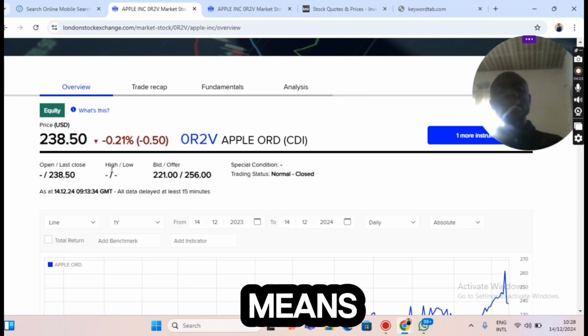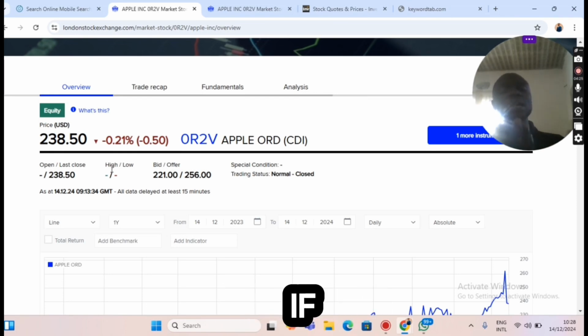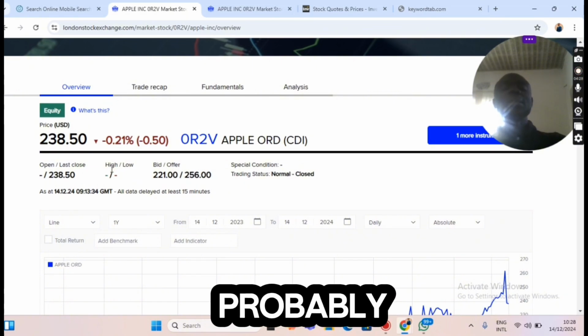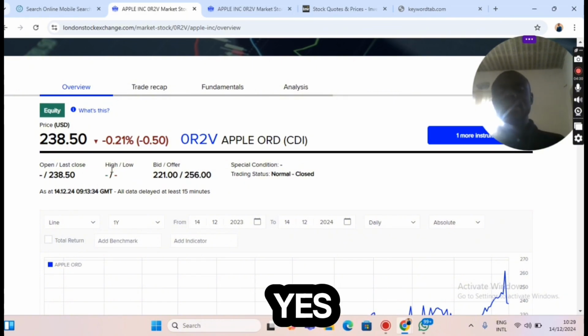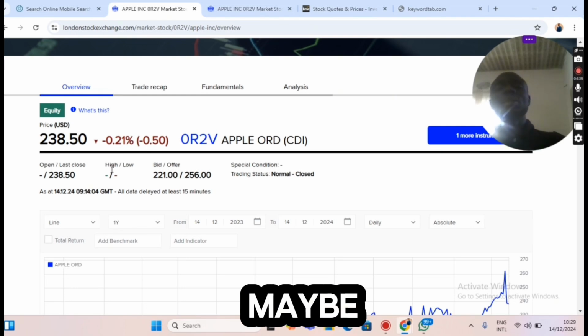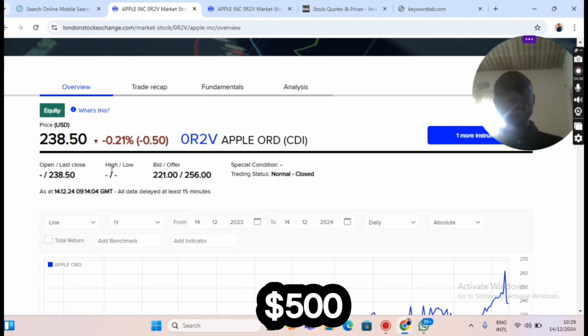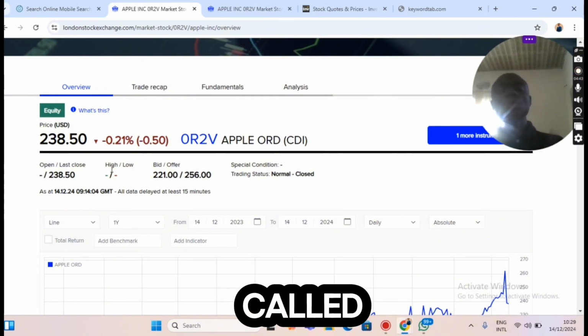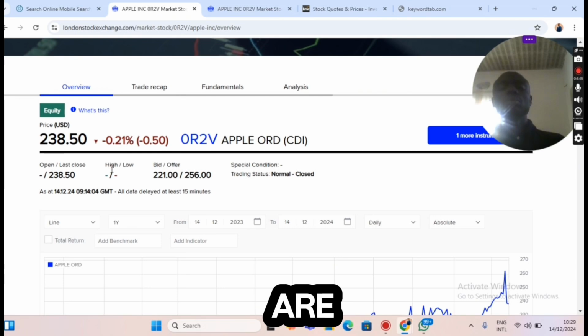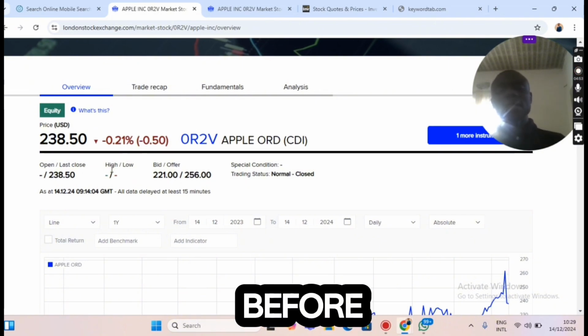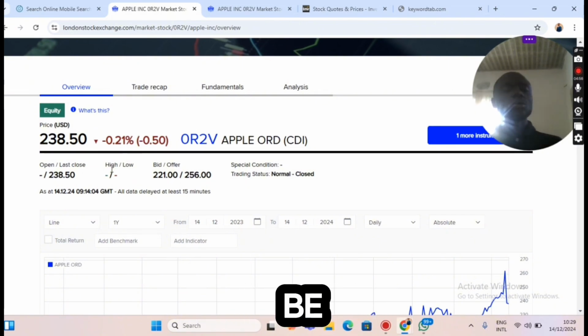If we have the current price of 238, probably the maximum could be, for instance, maybe $500, the highest market price they can have within 52 weeks. The lowest is the lowest market price they could have, probably 200 for the purpose of this class. Investors will look at all this before they invest in that particular stock.